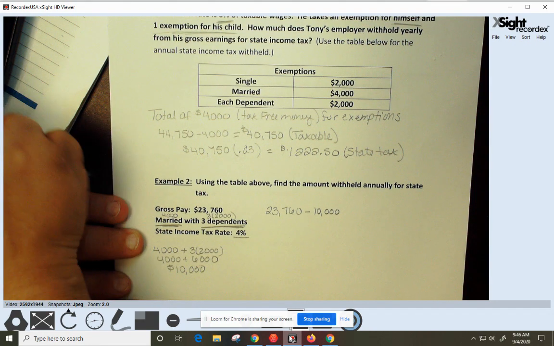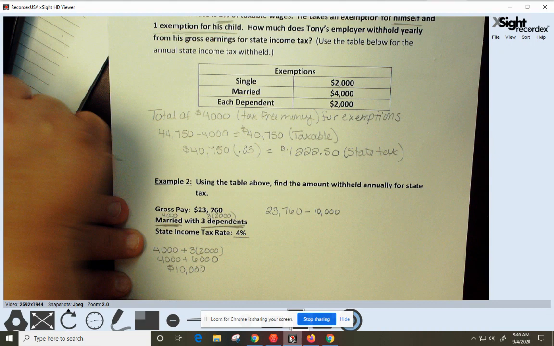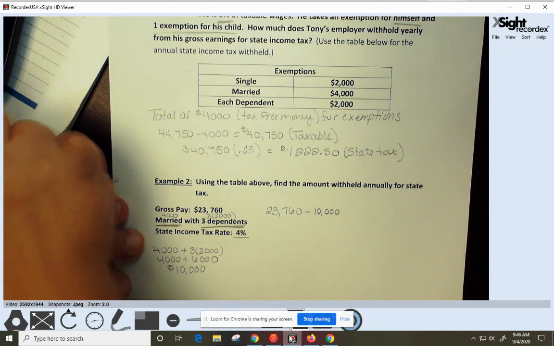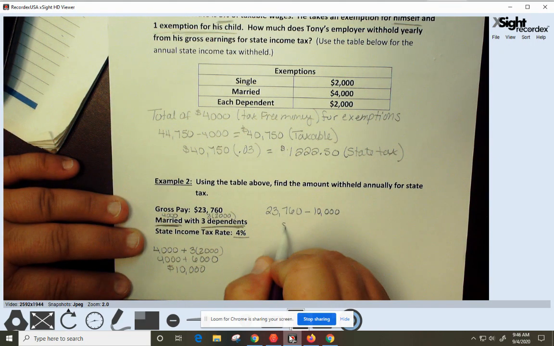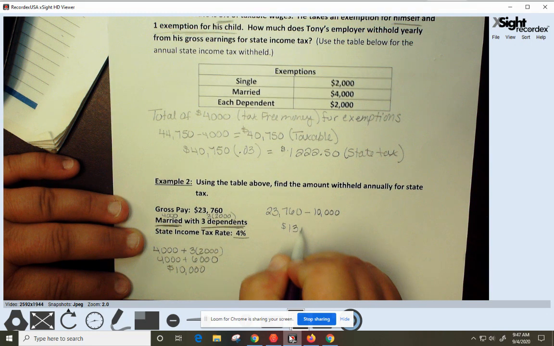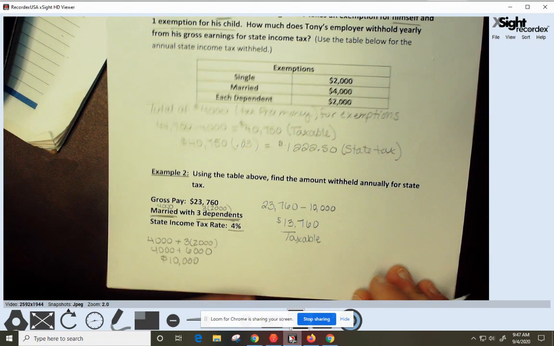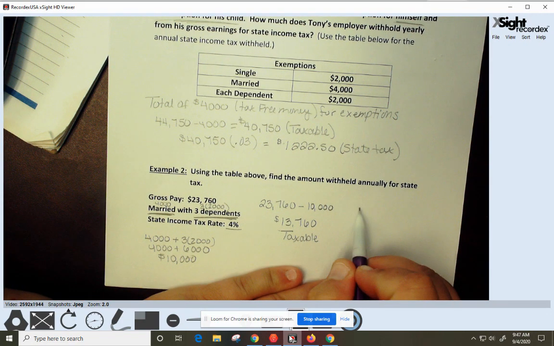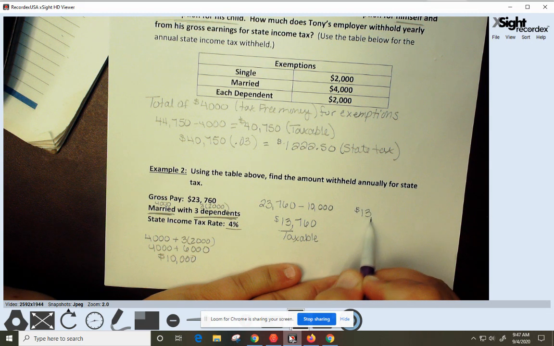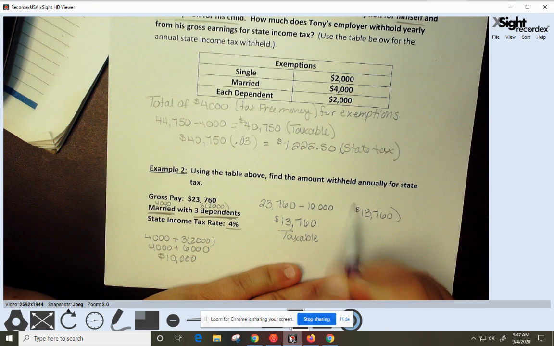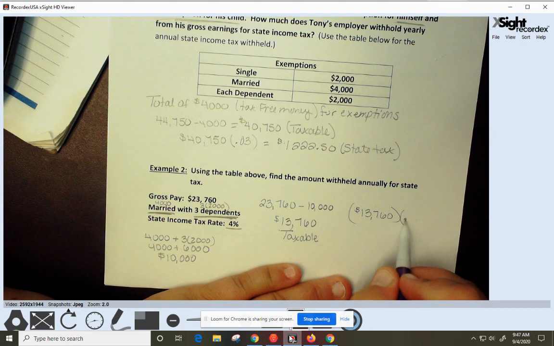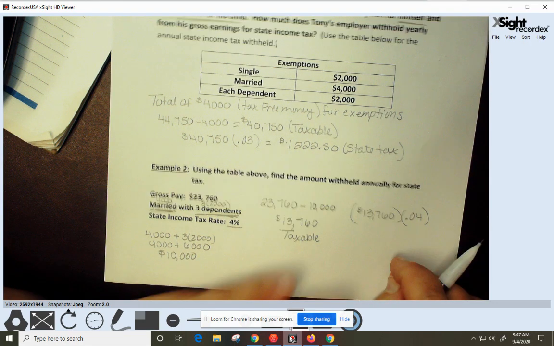Okay, so he's got $23,760, take away his $10,000. So he's got $13,760 that is taxable. Now take your taxable amount, $13,760, and multiply by your tax rate, which in this case is 4%.